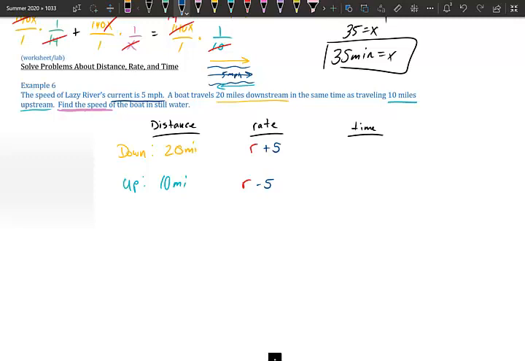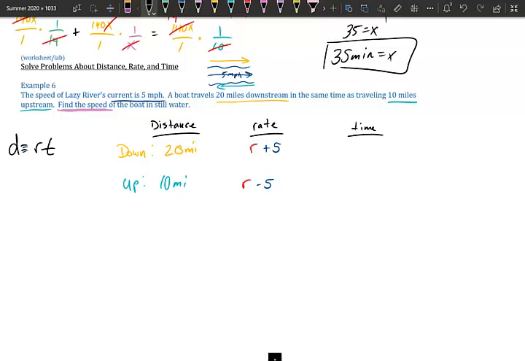So we can find our formula now. We can plug it in using our formula. Because we're talking about distance, rate, and time, distance equals rate times time. And we don't know the speed of the boat. But we know how long it takes, right?